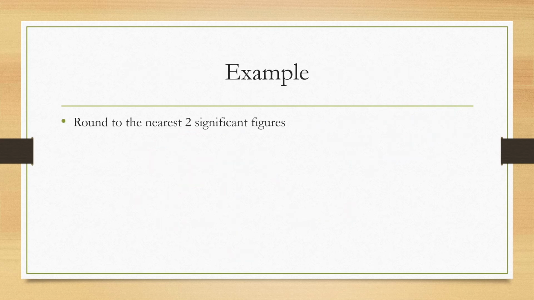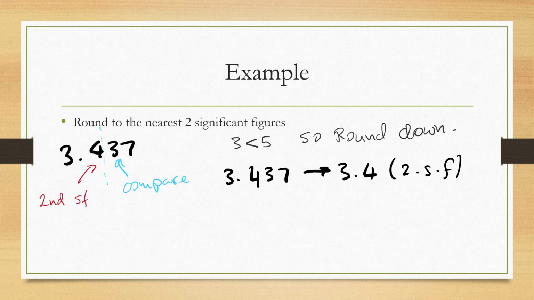If we are going to round a number to the nearest two significant figures, this is what we are going to do. We're going to take 3.437. Because this is the nearest two significant figures, we need to look at the second significant figure. That second significant figure is 4. So we need to round this value from the third significant figure.